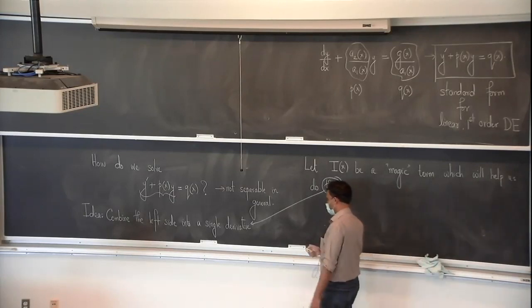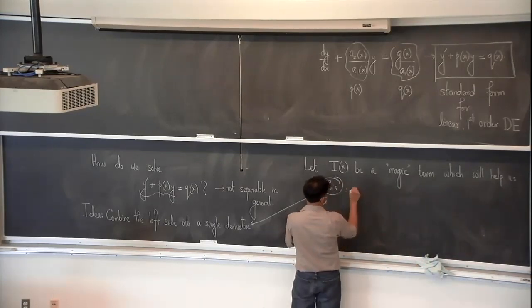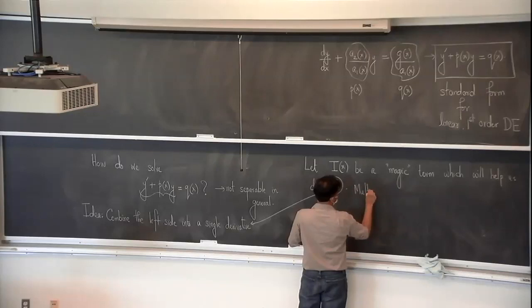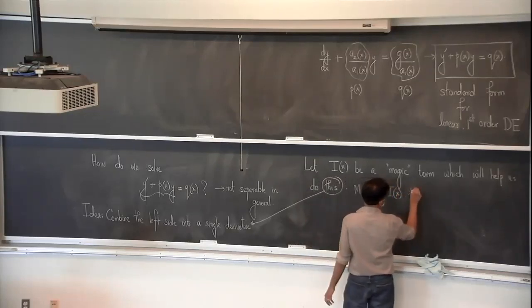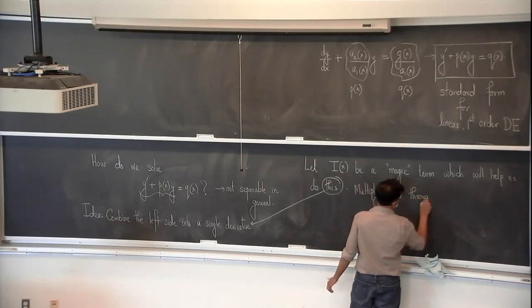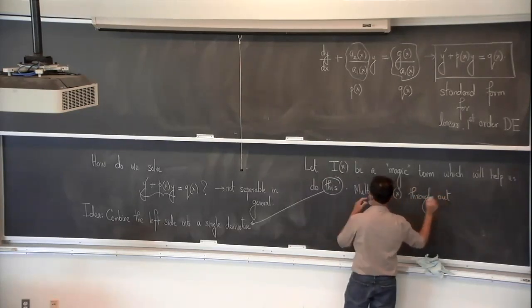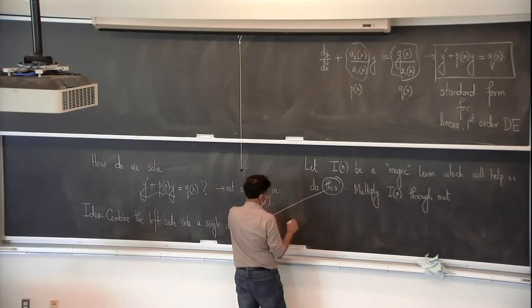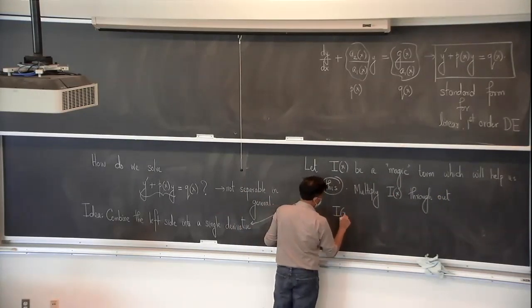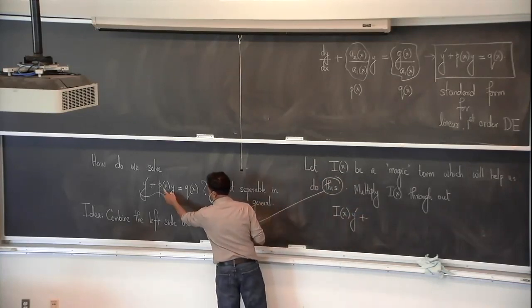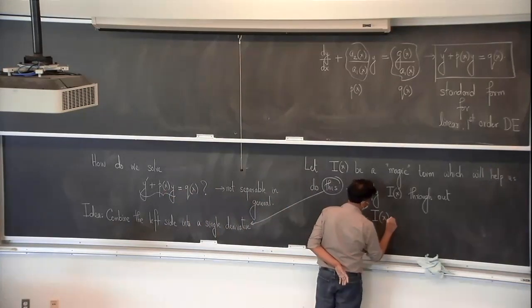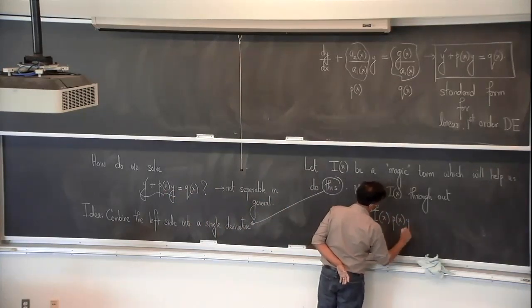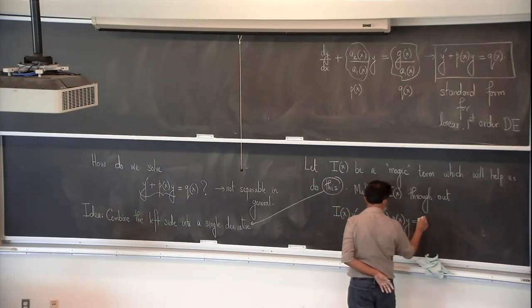We'll give it a more official name later. So I'm going to multiply I of x throughout the standard form. It's going to be I of x times y prime plus I of x times p of x times y equal to I of x times q of x.